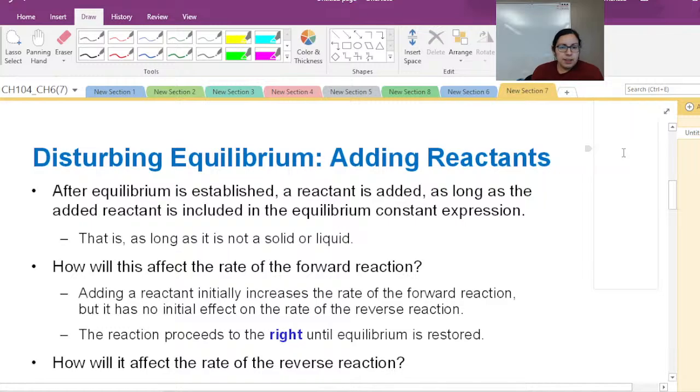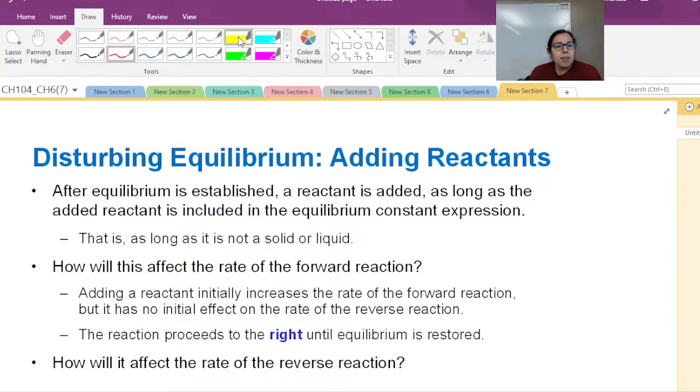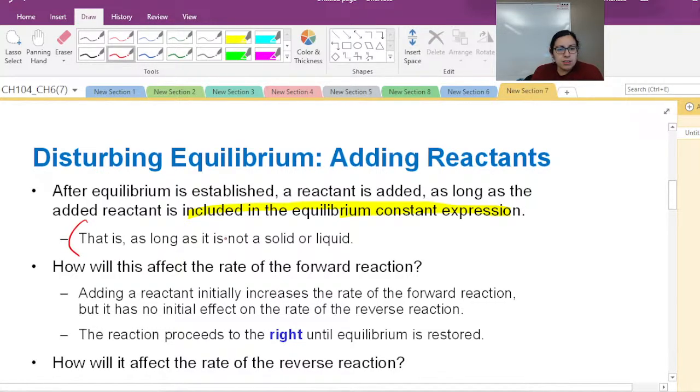And so let's look, I like looking at the graph here. It says, after equilibrium is established, a reactant is added, as long as the added reactant is included in the equilibrium constant expression. So it's adding something that's not a solid or a liquid.